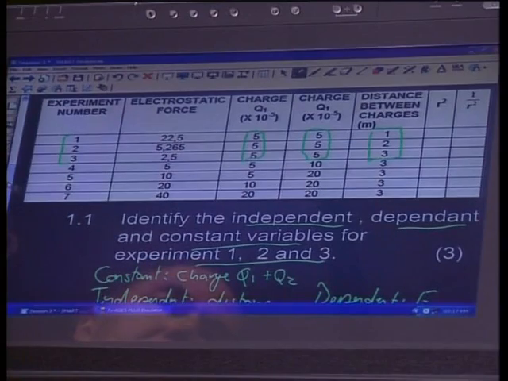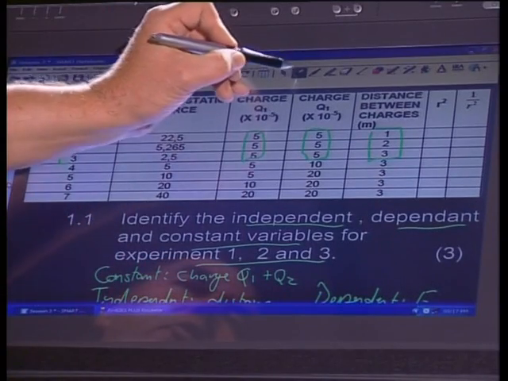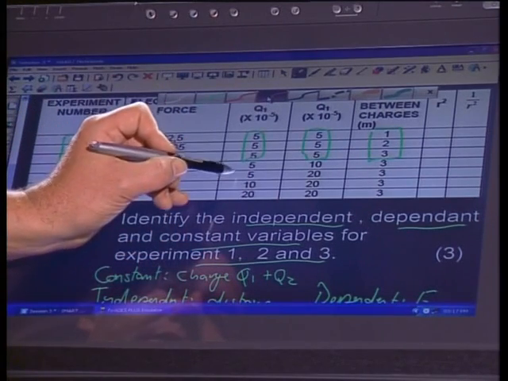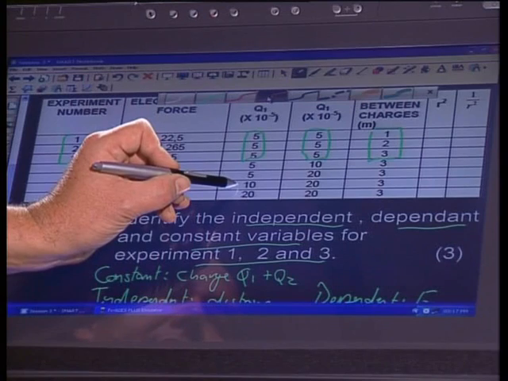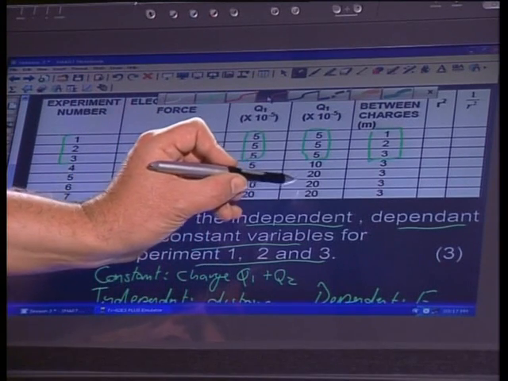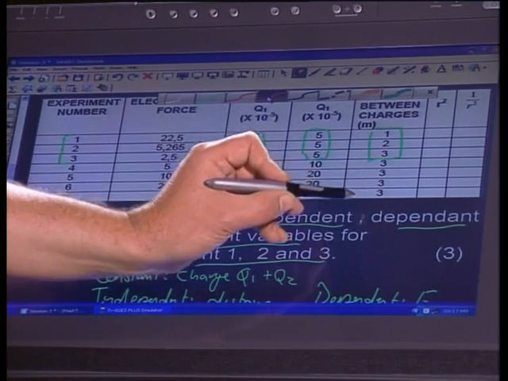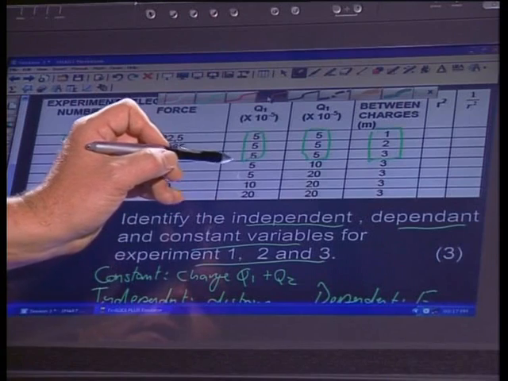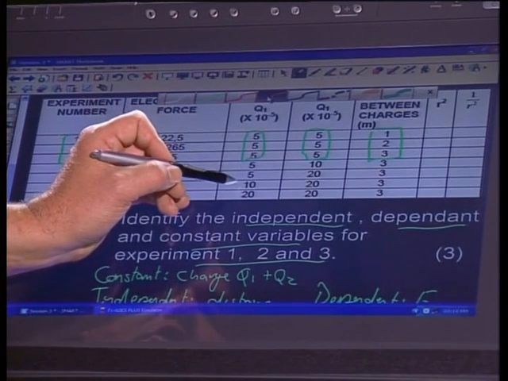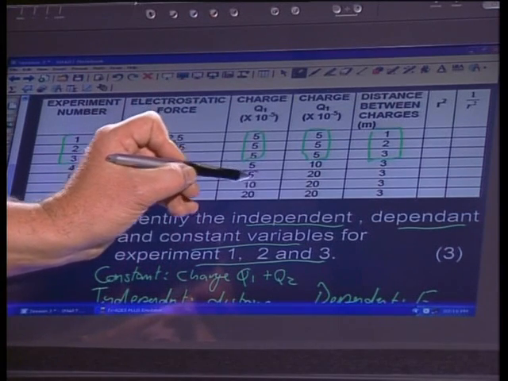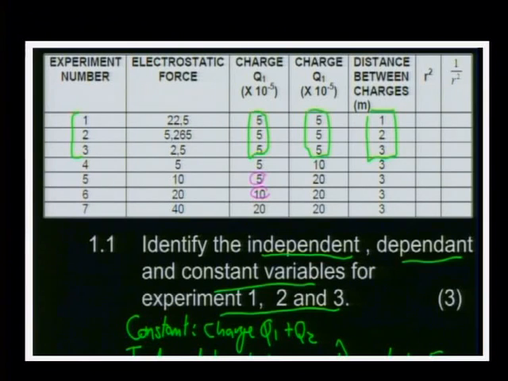Q1 over here, Q2 has changed. Notice here there are 3 meters. So we're wanting something where there is a difference in Q1, but a constant in all the others. So look here, that one, and that one, and that one.